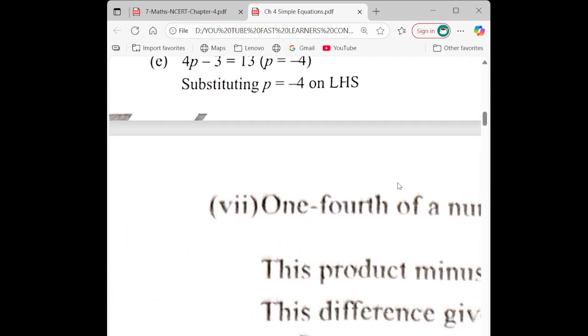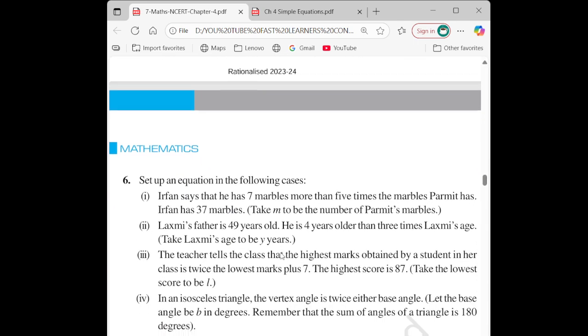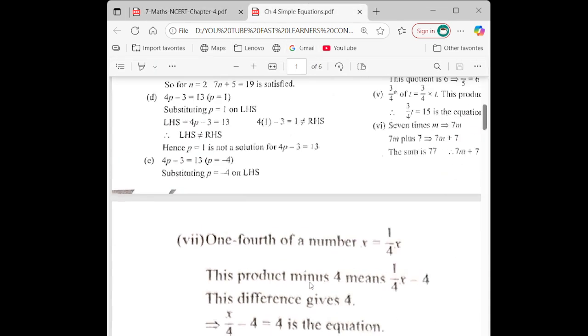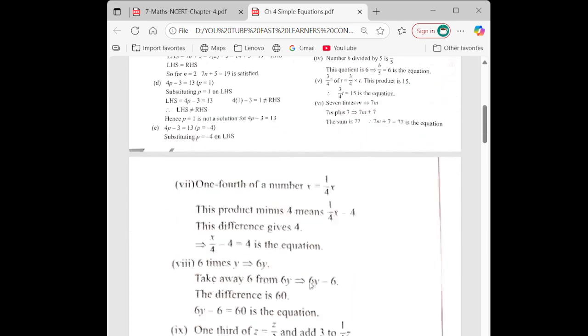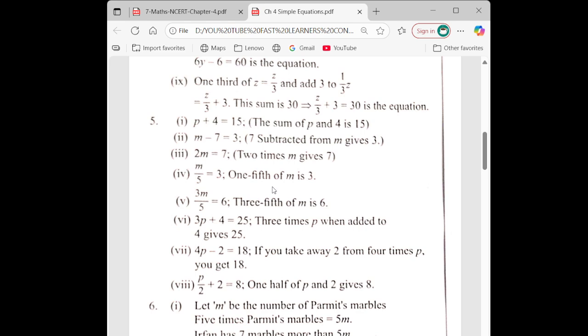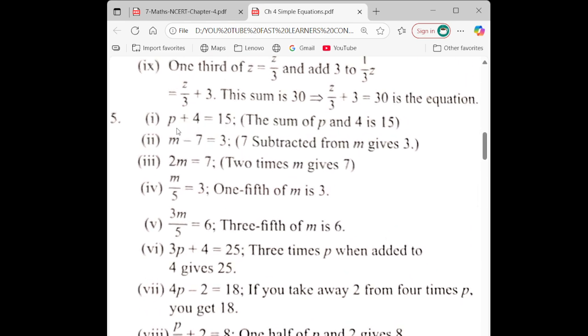Okay. Now let's see the next one, question 6. Set up an equation in the following case. Here in question 6 also we are going to set up an equation. Sorry, in question 5 equations are given, you have to change them into statement form.